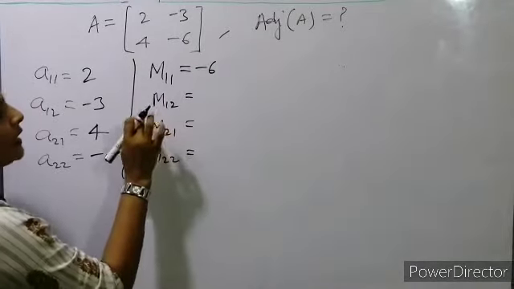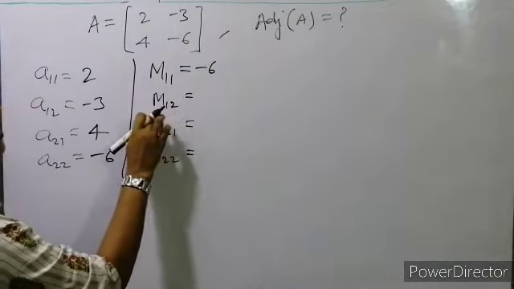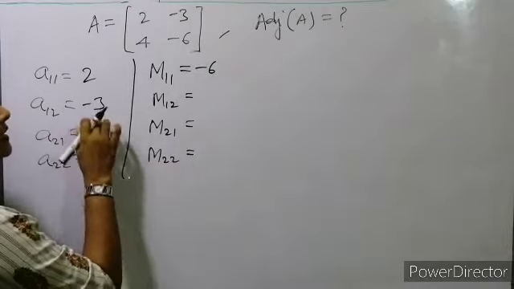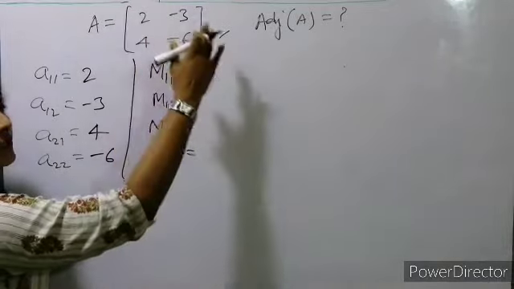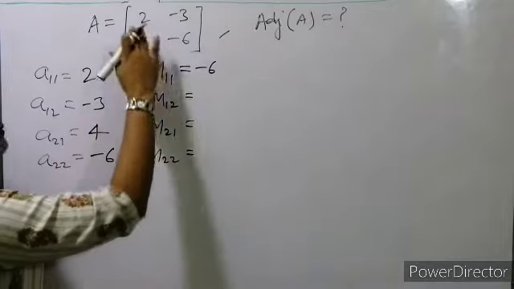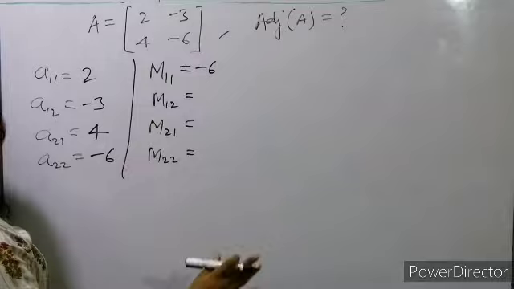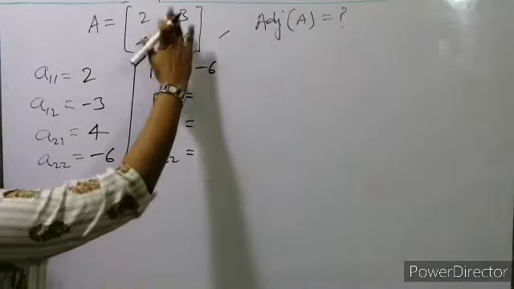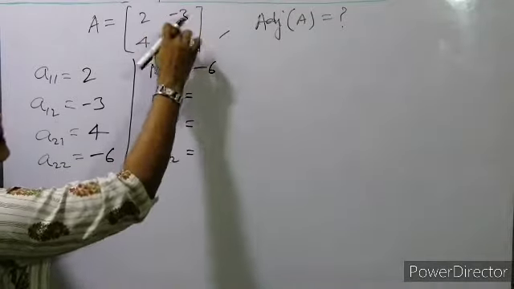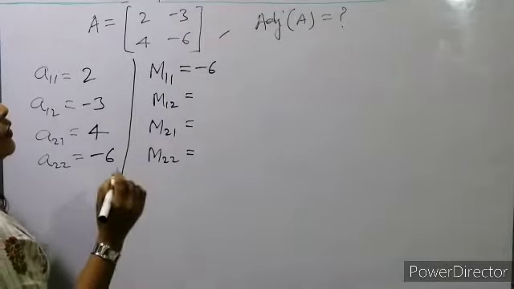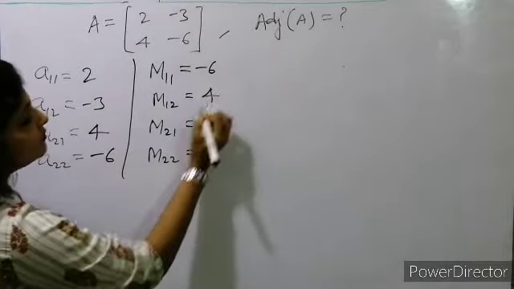Now again for M12 we need to hide this -3 and the row and column of this one. This is 1 2, so first row and second column, so we'll hide the whole first row and whole second column. Okay, so what we are getting, we'll get 4.